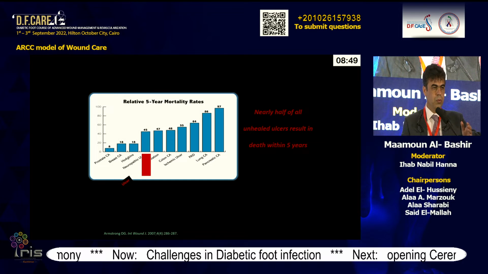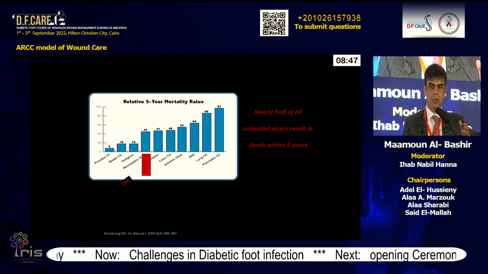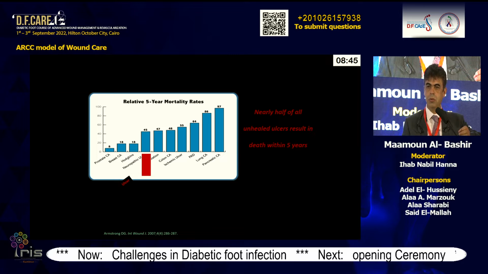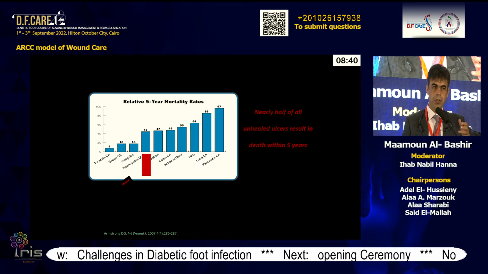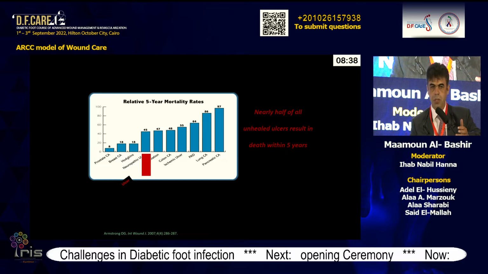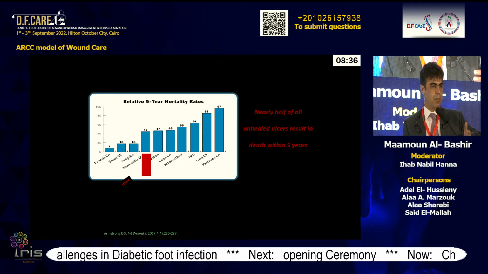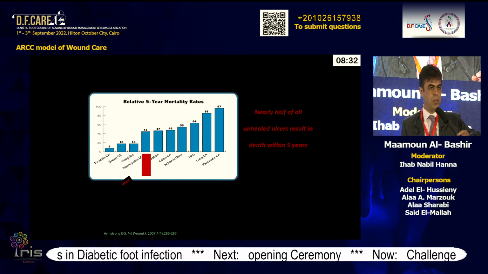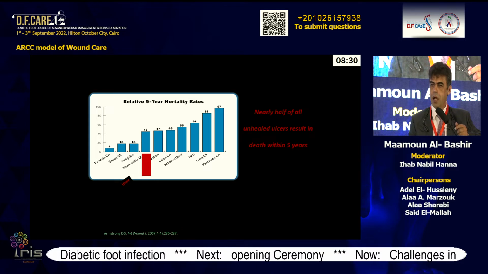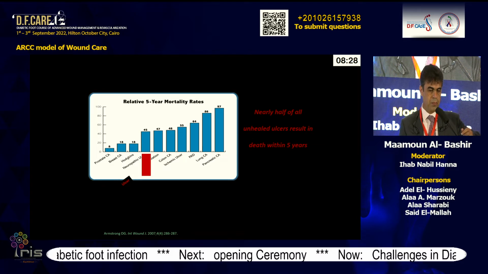We all know how heavy the burden of diabetic foot and wound problems is worldwide, but it couldn't be truer than in our part of the world, because the incidence of the epidemic of diabetes in our part of the world is amazing, and the complications we're getting are a lot higher than either in the US or in Europe.